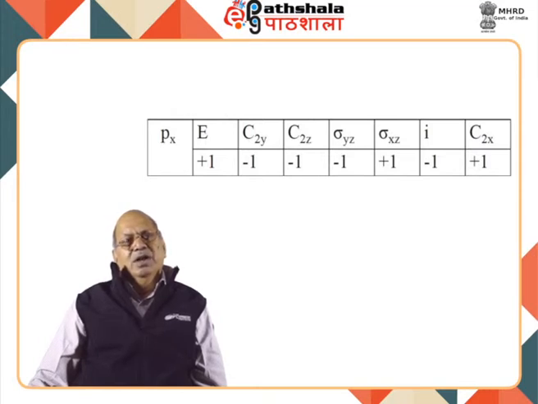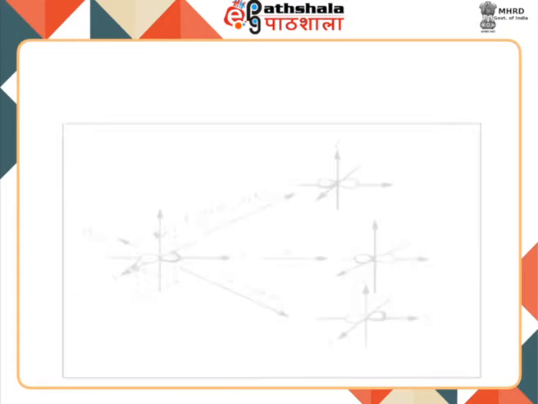So here I have seen the effect of various symmetry operation on px orbital, and I have quantified these in terms of +1, -1, etc. Thus, by taking +-1 as the effect of symmetry operation on the px orbital, we get a representation for E, C2, sigma xz, sigma yz, I using px orbital as the basis.